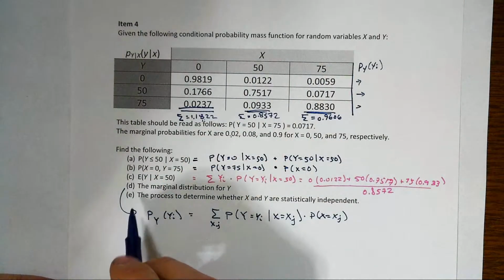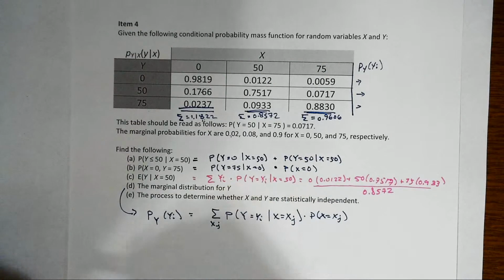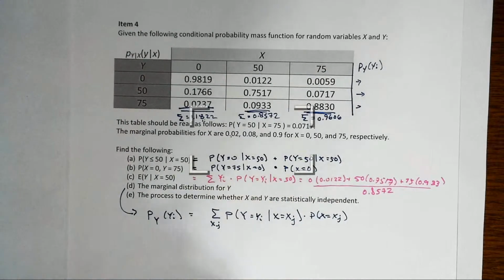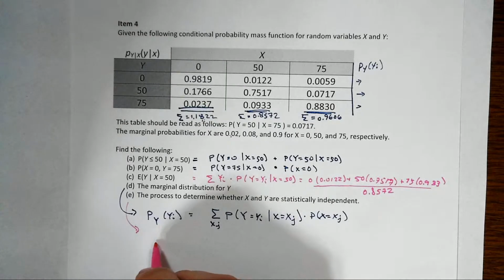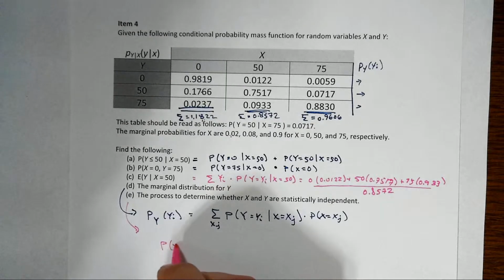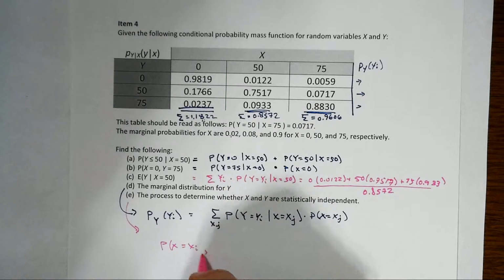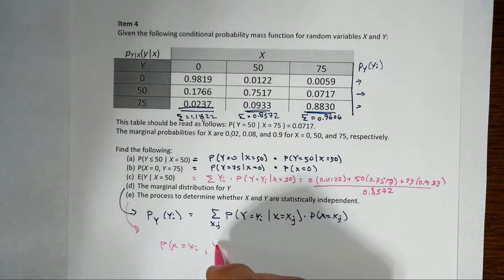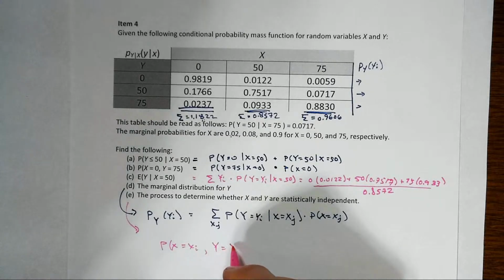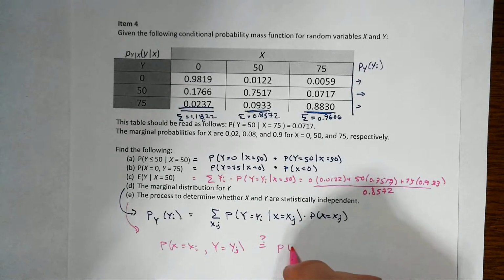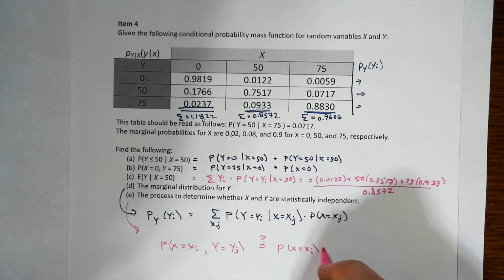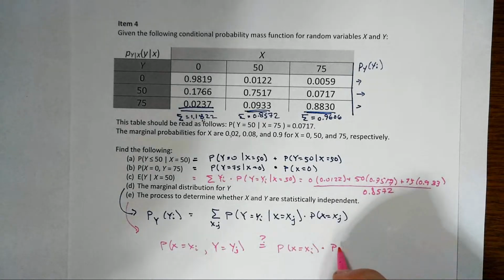Right? And then the final one, the process to determine whether x and y are statistically independent, is entirely about looking at the joint distributions, or joint probabilities, that is, and asking whether or not that is equal to the product of the marginals for each and every one of these.